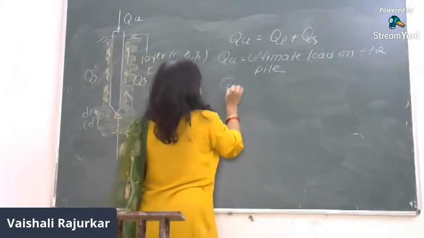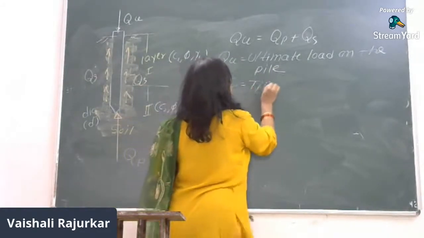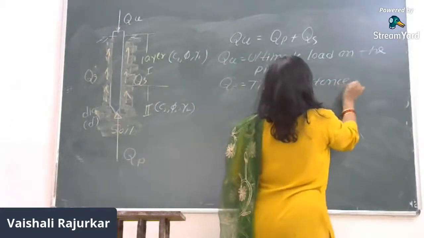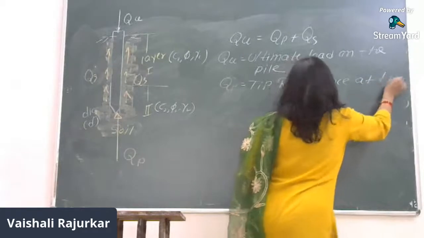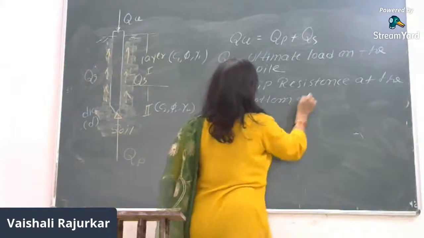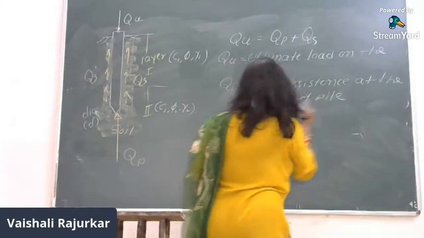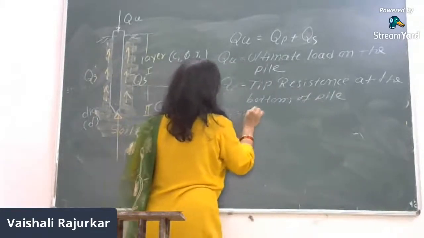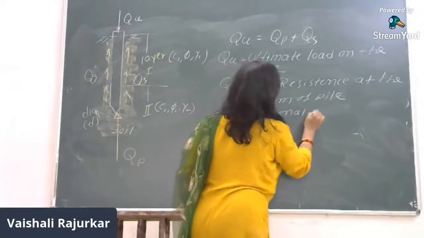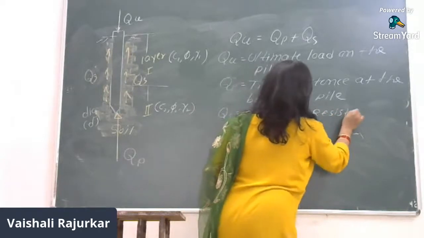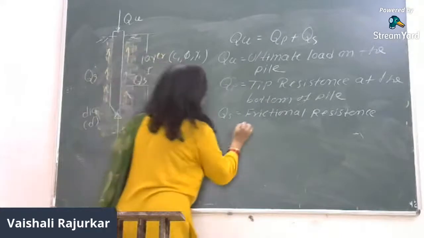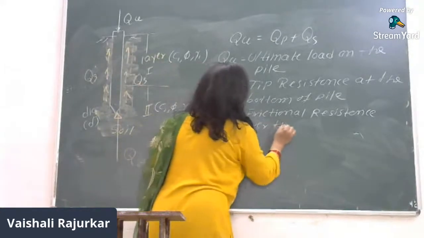Then QP is the tip resistance at the bottom of the pipe, and QS is the frictional resistance over the shaft length.